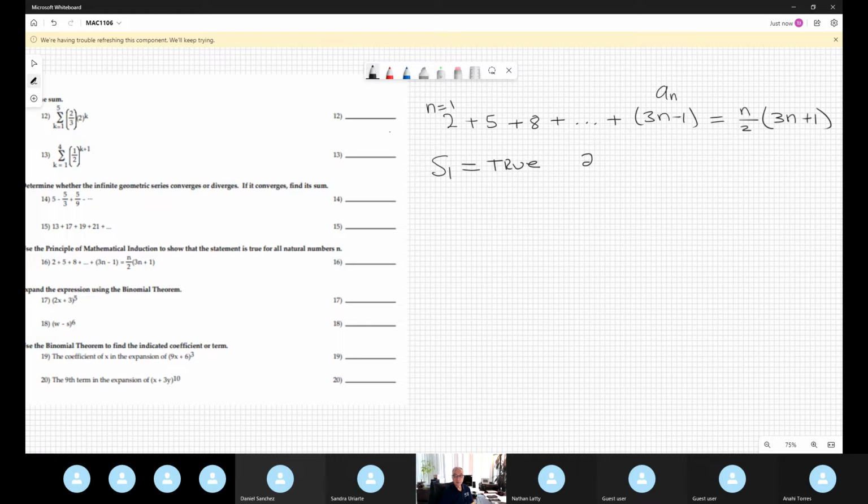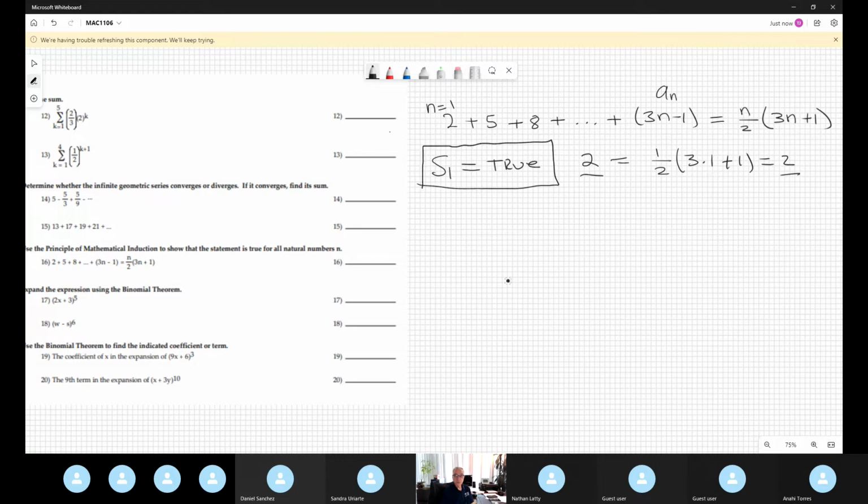It's 2, and the rest no, because it's 3, 2, 3, 4, 5. And you're plugging in n equal 1 here. This is 1/2 times 3 times 1 plus 1. 3 times 1 is 3. 3 plus 1 is 4. And 4 divided by 2 is 2. So it's true. 2 equals 2 is true.